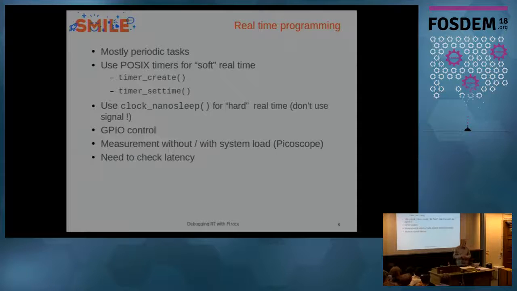Real-time programming is mostly based on periodic tasks. You can use, for example, POSIX timers for soft real-time, such as timer_create and timer_settime, which will generate a signal. The signal is not really real-time, not hard real-time, but it's soft real-time.